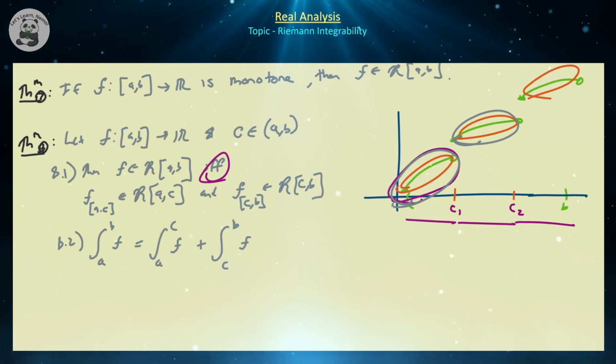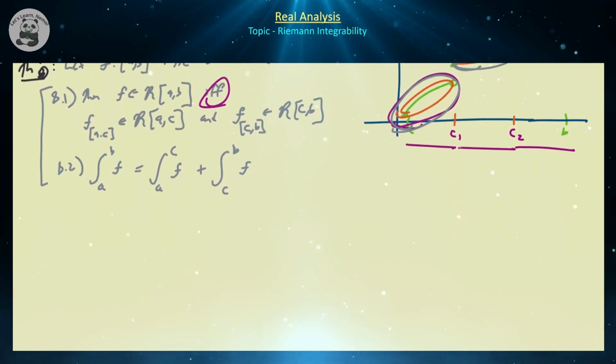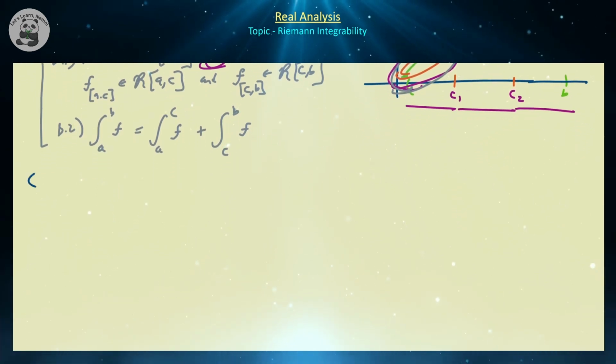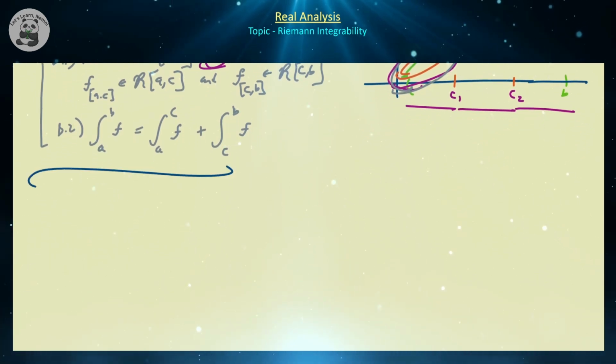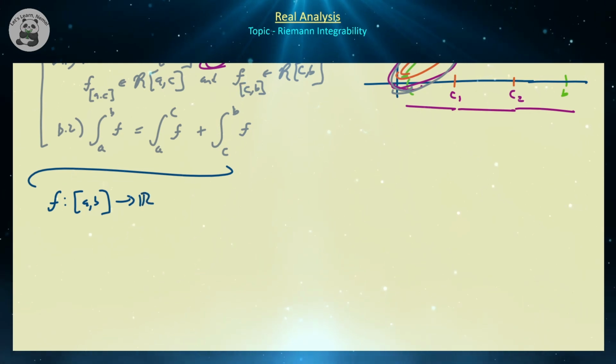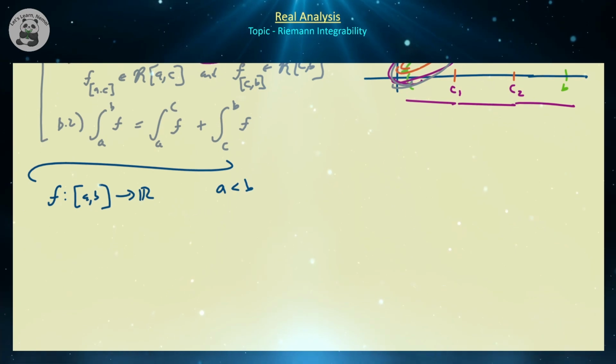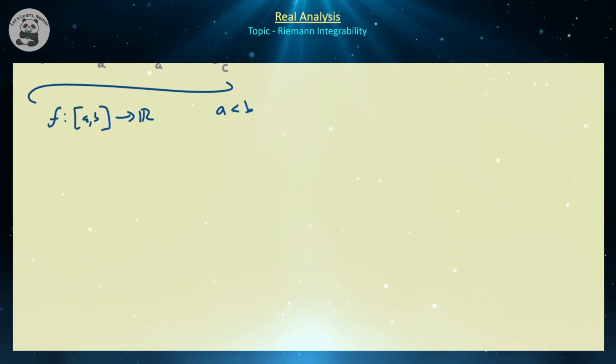And if you have any notion of areas under curves, then this can be geometrically intuitive, at least to some degree. Right? So that's actually very important, and the proof of that theorem actually isn't super crazy. Now, for our definition of Riemann integrability, there is one slight nuance here. We assume that the closed interval AB satisfies the property that a is less than b, such that we can always choose a tag in each of those subintervals.